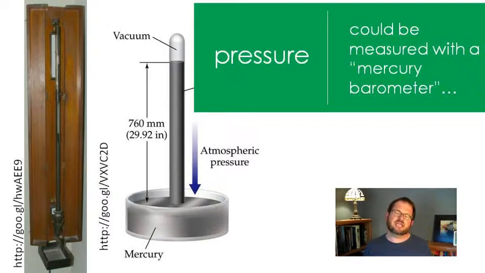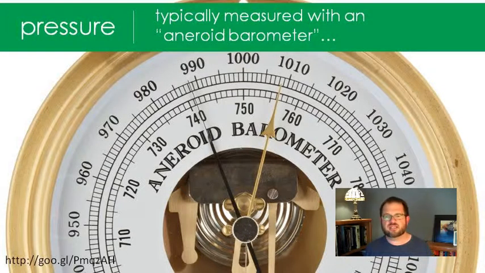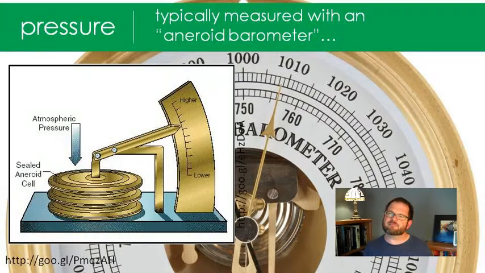So more commonly in atmospheric sciences, a more practical way to measure pressure is with an instrument called the aneroid barometer. Aneroid is a fancy word that means something like dry or without a fluid in it. I attached a little schematic here of how an aneroid barometer works, but it basically has a little canister, kind of looks a little bit like a tuna can, and it's partially evacuated.